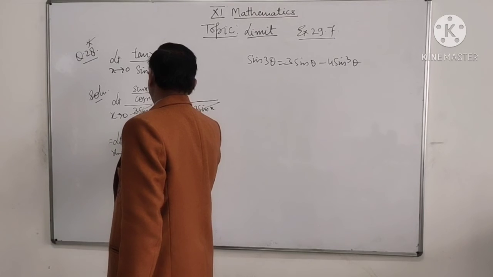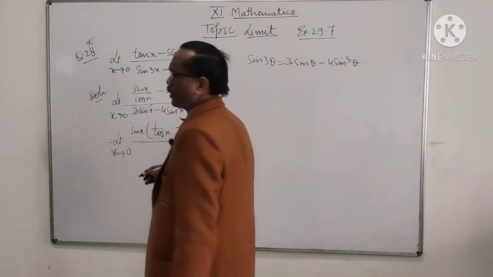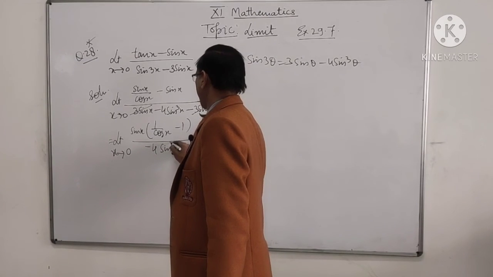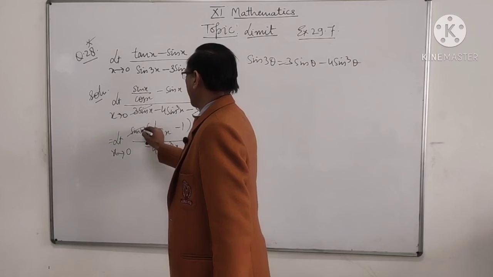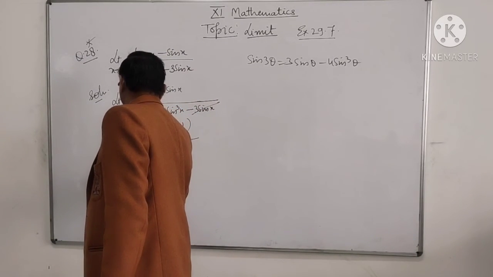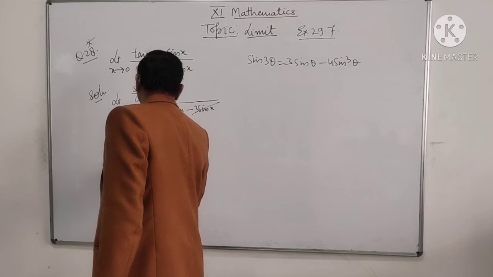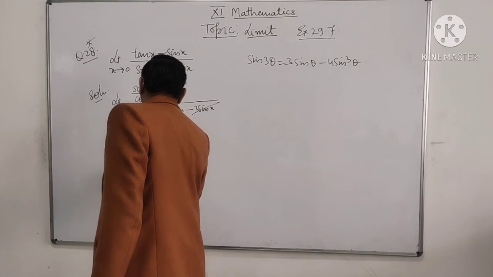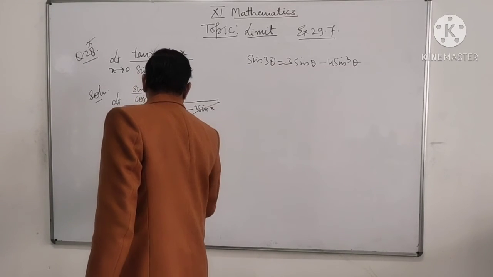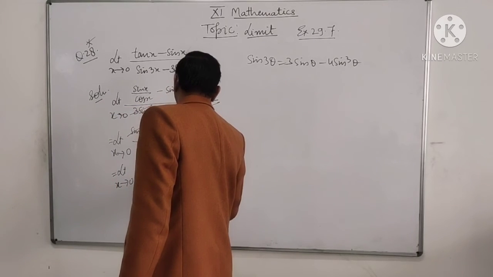It is 1 upon cos x minus 1 upon 4 sin cube x. Then 1 sin x is cancelled. Limit x tends to 0, 1 minus cos x upon cos x, take the LCM, then it is minus 4 sine square x.